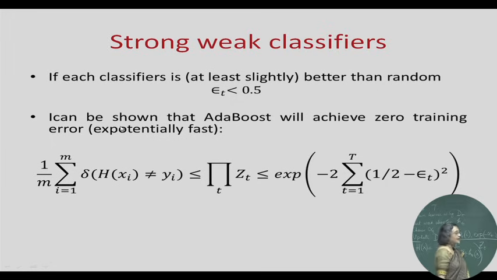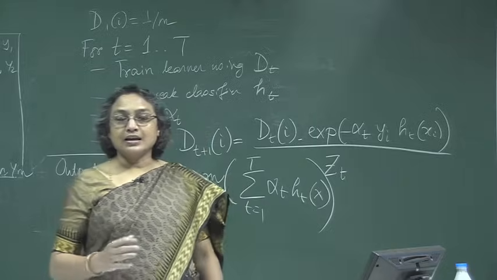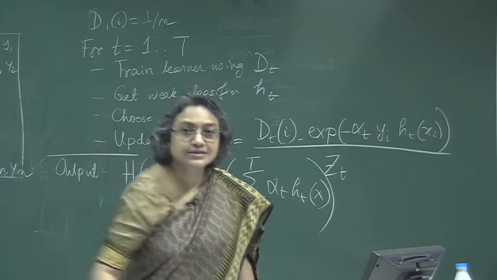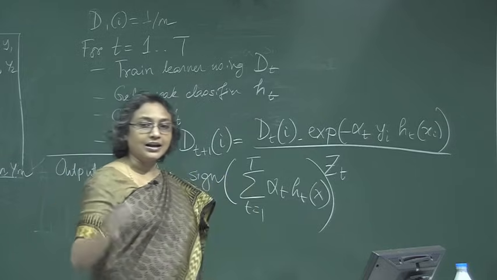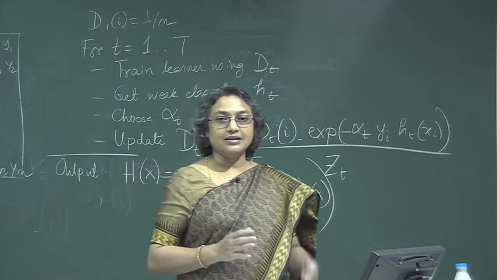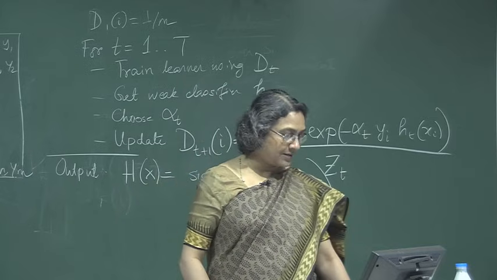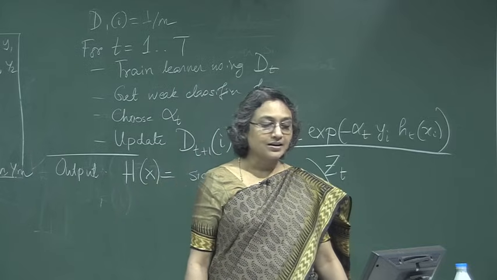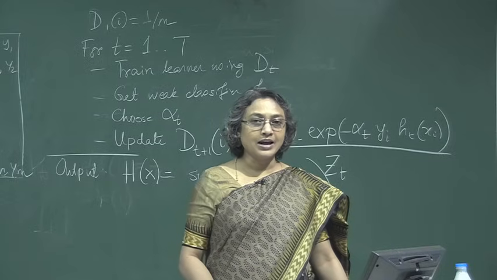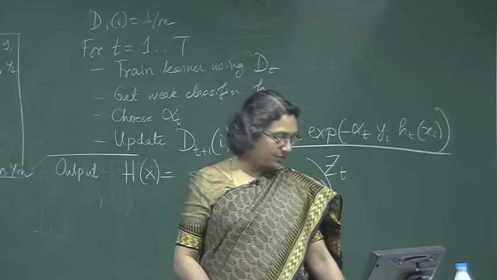Therefore, if the learners are independent, Adaboost can become very good as you increase the number of iterations. We are not going into the theory, but this is a result which has been proved.